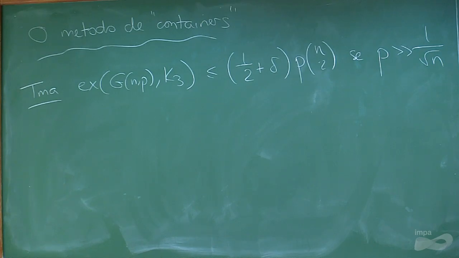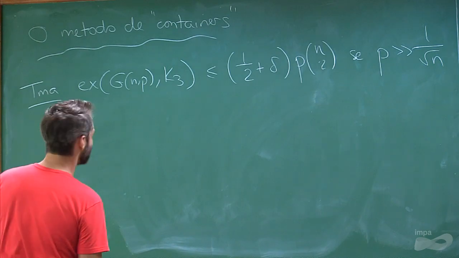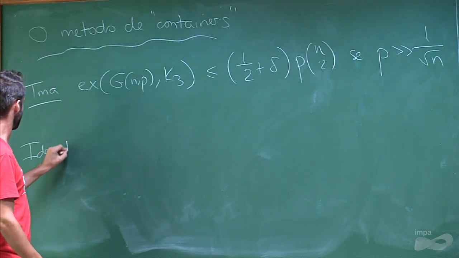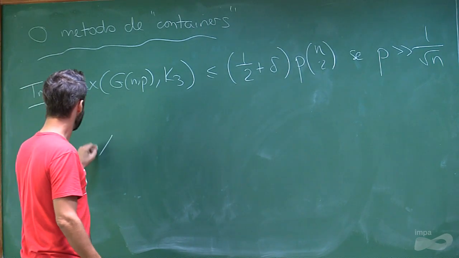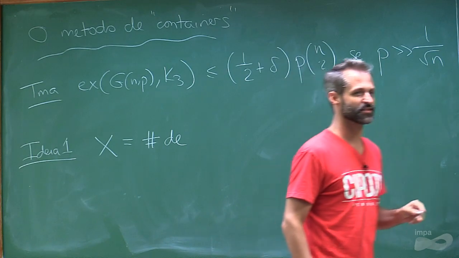So, if I gave you this problem on an example sheet, what's the first thing you should try to do to see if it works? What's the number of triangles? Yeah, count the number of something, right? We should define a random variable, calculate its expected value, right? So idea 1, let X be the number of what?